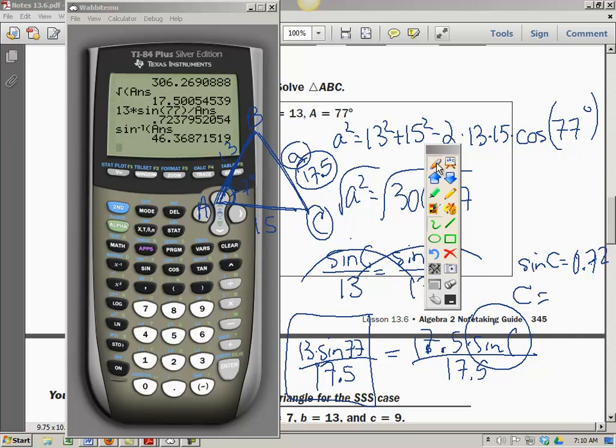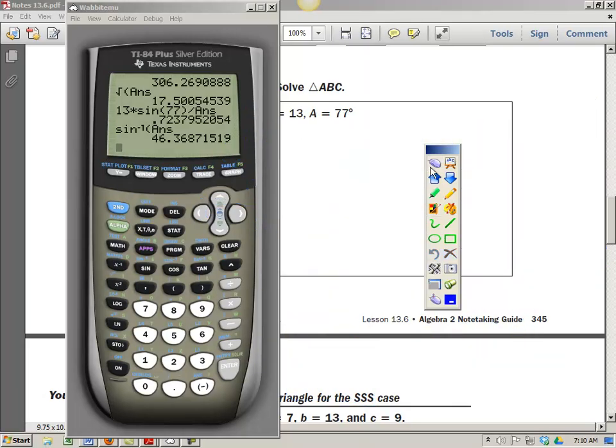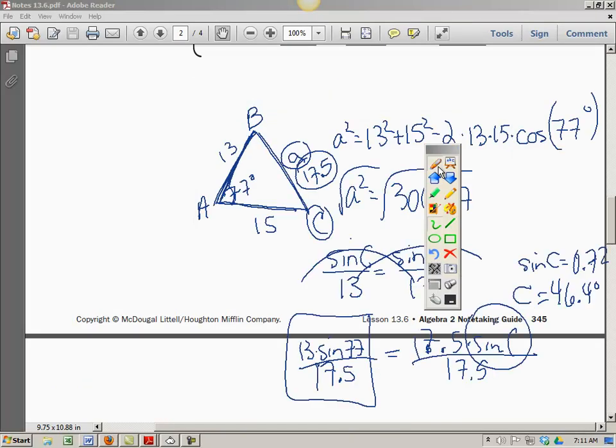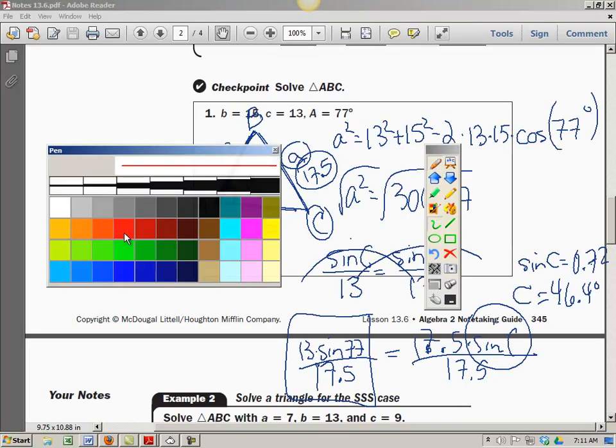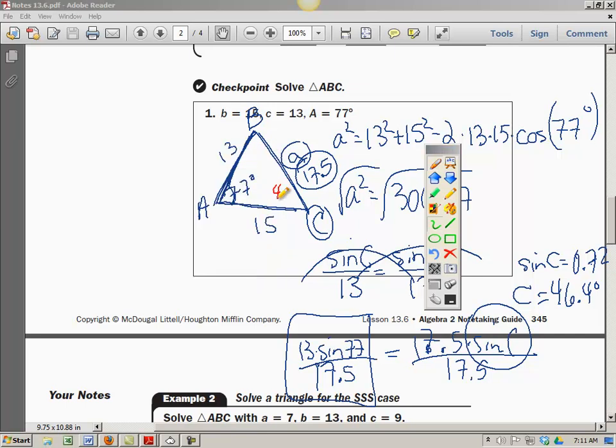All right, so this is 46.4 degrees rounded to the nearest tenth. All right, so from there, let me slide my calculator out of here now. Now that I know that angle C is, let me pick a different pen color here, 46.4 degrees.